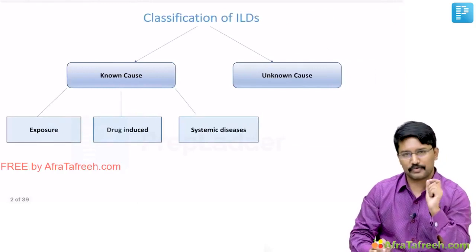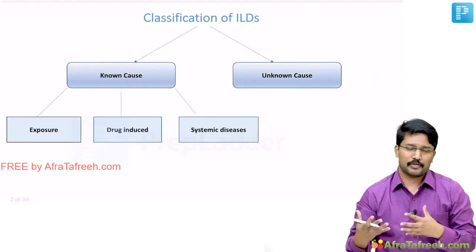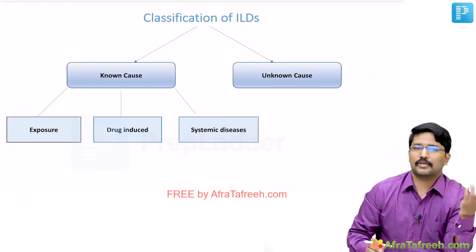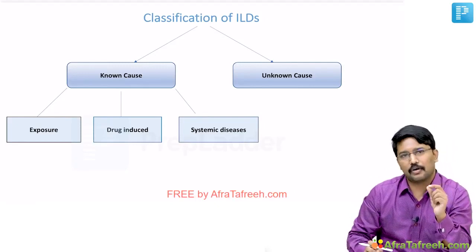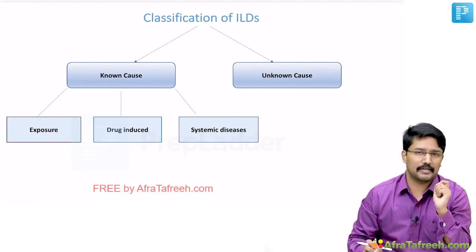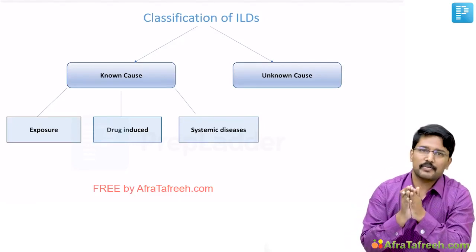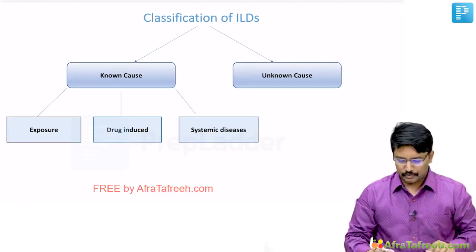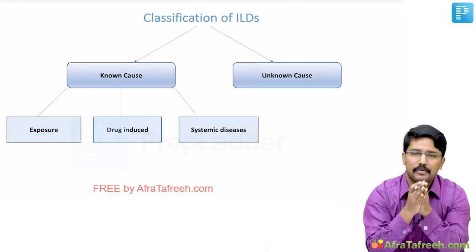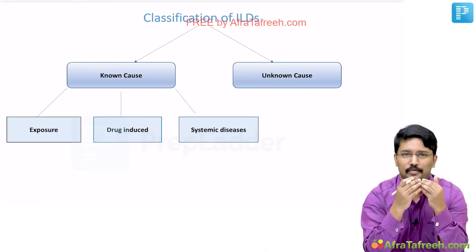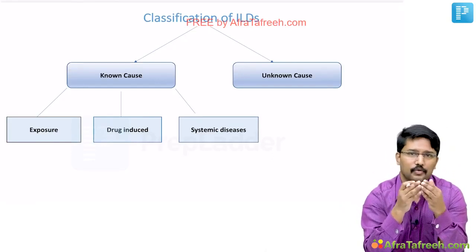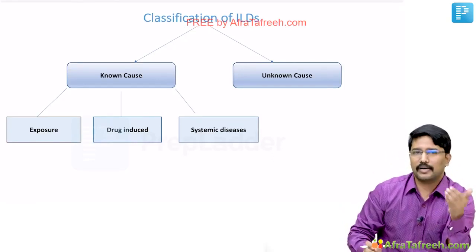And as I told you, because we follow complex histopathological, radiological and clinical criteria to diagnose these entities, even the classification of interstitial lung disease is difficult. Okay. The classification that is prevalent right now is what I am showing you on the slide. So we classify the interstitial lung diseases into two major categories: the ones which have a known cause and those ones which we don't know a definitive cause.